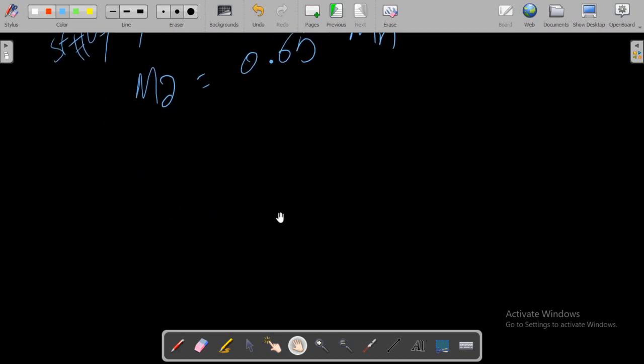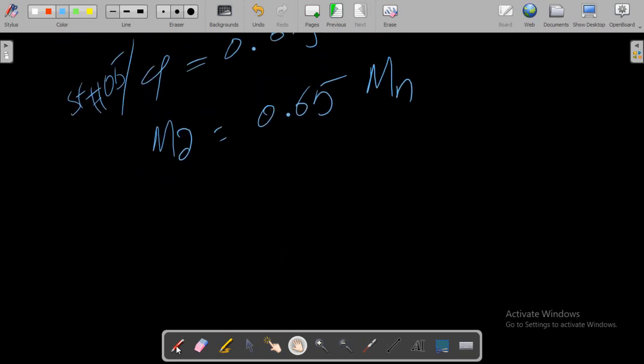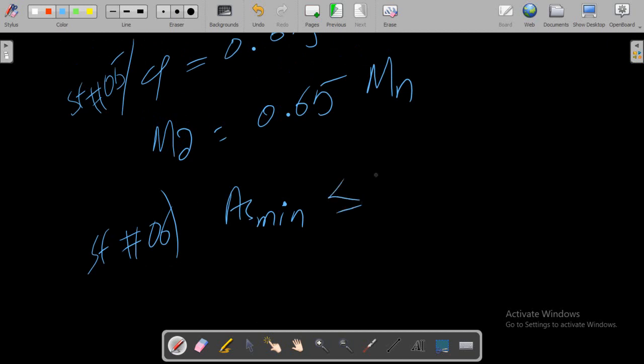After this, we can also check the minimum amount of steel. That will be step number 06. We will also check that As minimum is less than or equal to As provided, which is given to us.